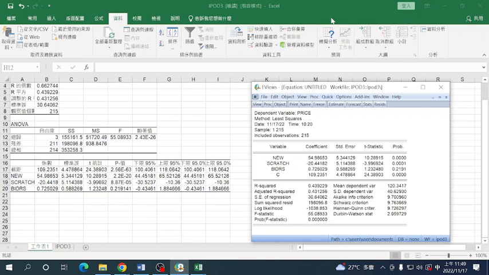This is from Excel, and this is from eViews. The eViews puts the constant at the bottom, starting from all these X variables, but Excel starts from the constant. So for new, there's 54 something. You can check that these numbers are all the same.